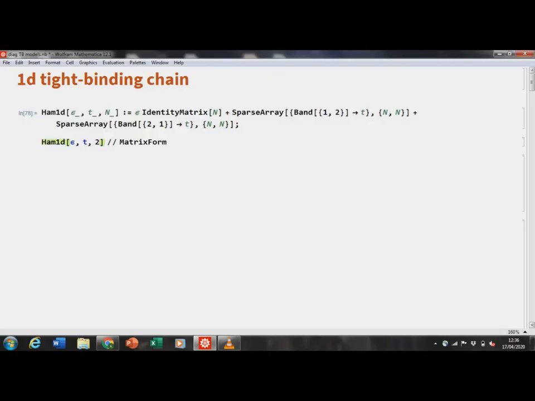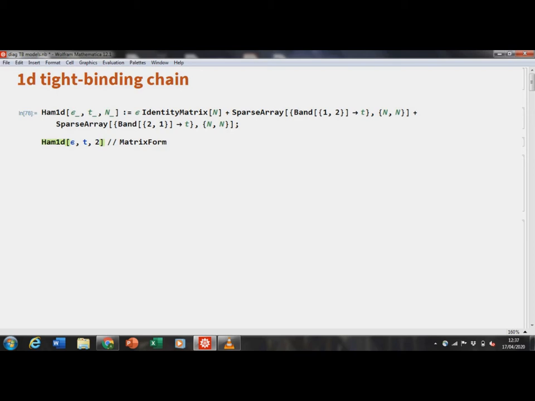Okay, so what I want to discuss here is an actual numerical calculation for the 1D tight binding chain. I'm using a program called Mathematica to do this, which is a beautifully simple and powerful program. It allows you to do all sorts of wonderful things.